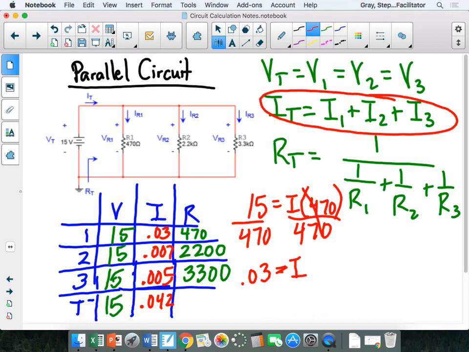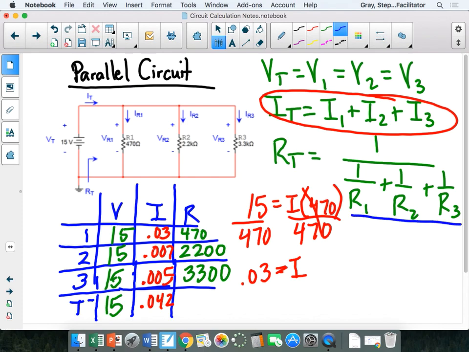I just added 0.03, 0.007, 0.005, and I got 0.042. I'm avoiding the equation like the plague. It's not that bad, but if you like to do it, do it.